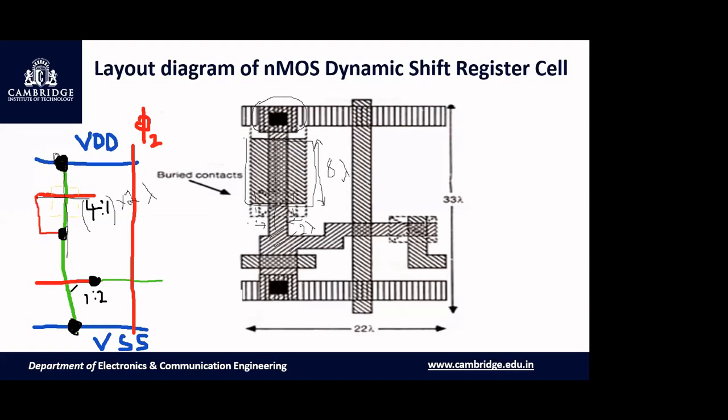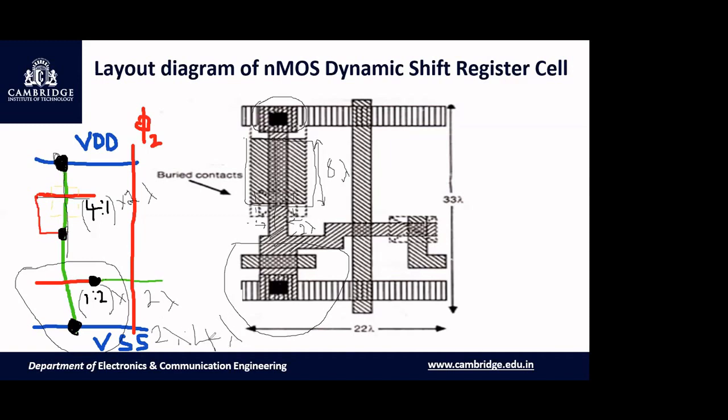And here we have the NMOS depletion mode transistor. This is the NMOS depletion, enhancement mode transistor. The ratio is 1:2. We'll multiply by 2 lambda, so that you will get 2 lambda to 4 lambda.